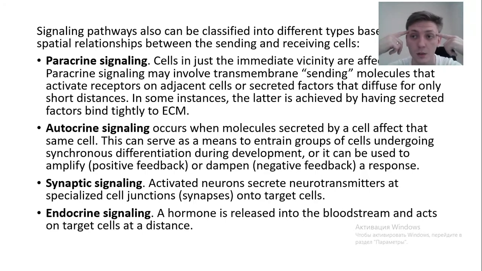The best example is our pituitary gland, which is located in the brain, but it sometimes activates all the cells of the human body, for example, with growth hormone, somatotropic hormone. They can also act on other endocrine organs.